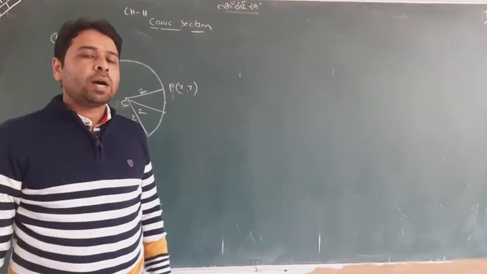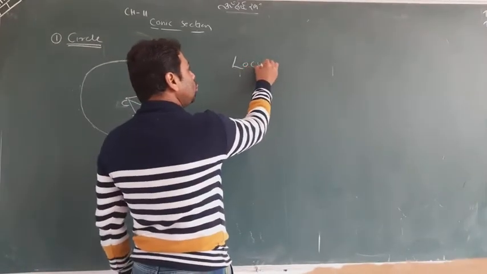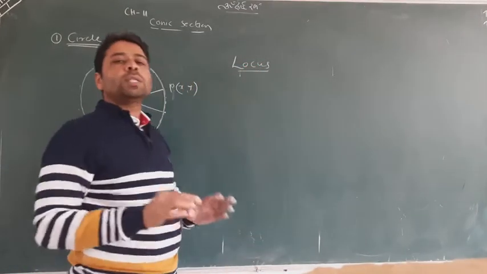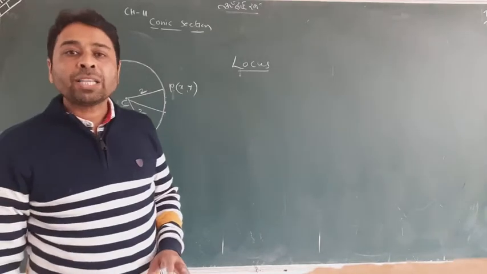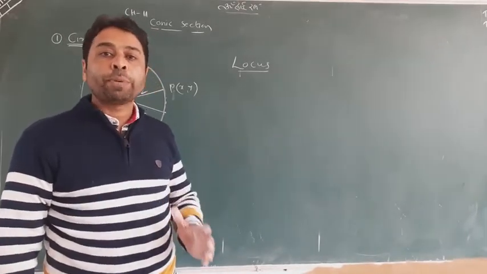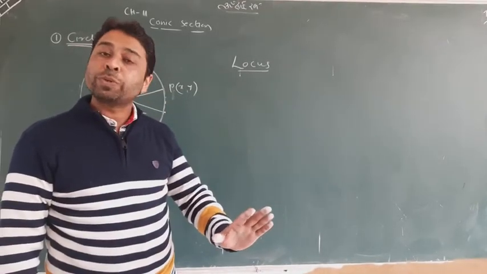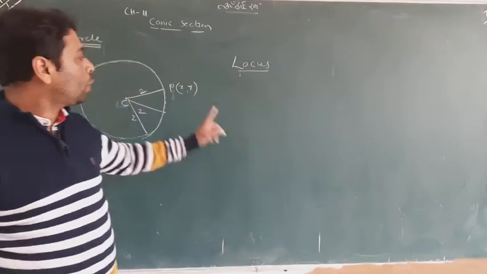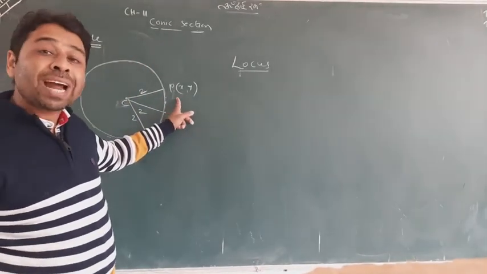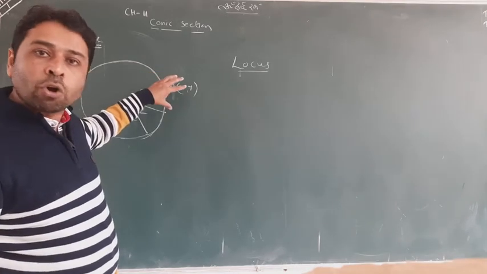So I am using a new word for you, called locus. Don't worry about the word. Locus is none other than the path of a point which follows some condition according to the question. Here the specific condition is that the locus of the point P is such that its distance from the center remains constant all the time.